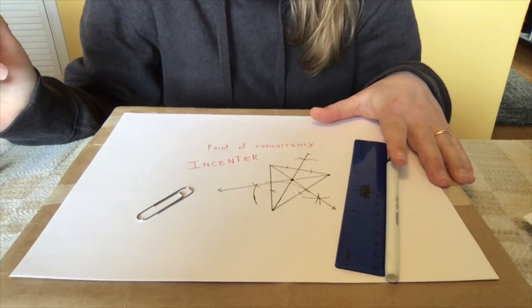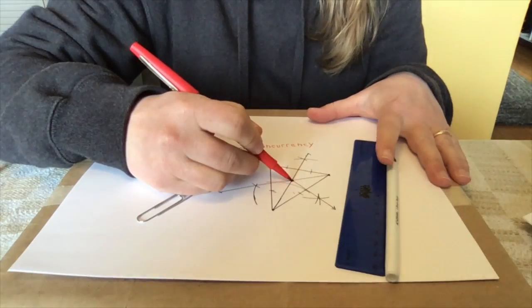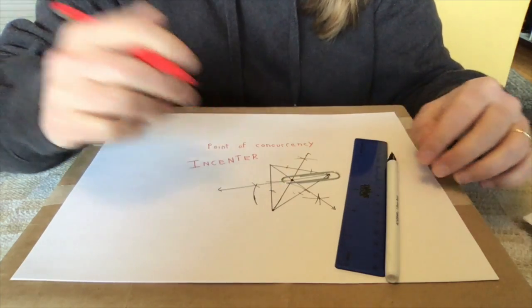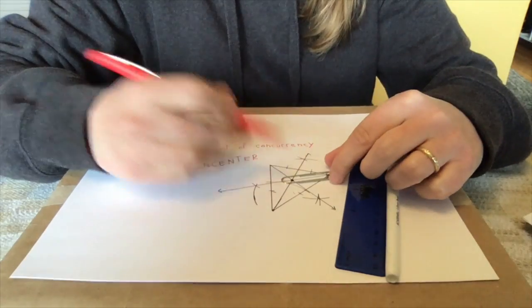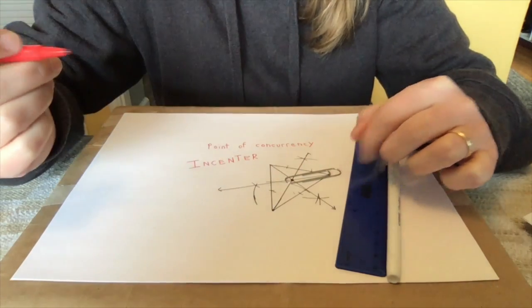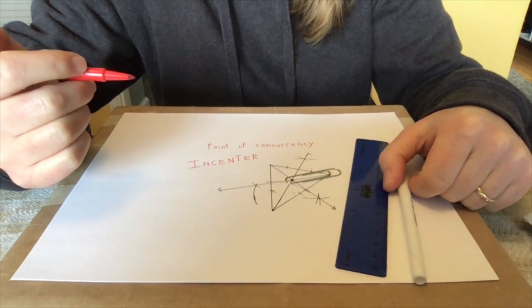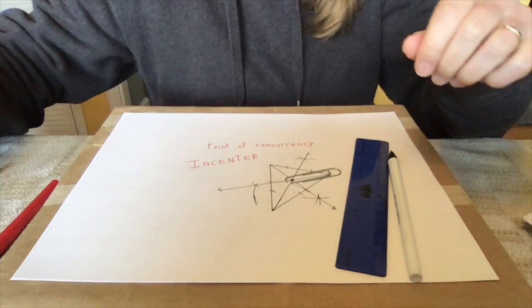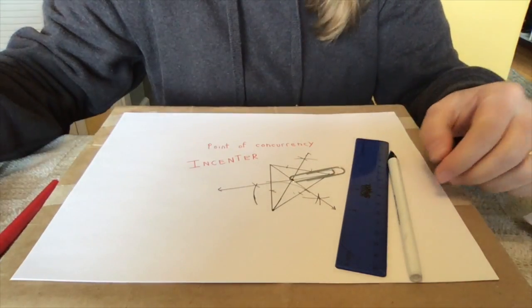And it's called the incenter because if I put a compass right here, this point, this incenter, is equidistant from the sides of the triangle. It's equidistant from the sides of the triangle.